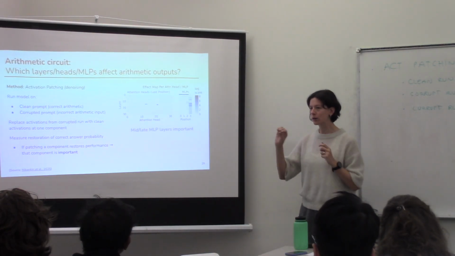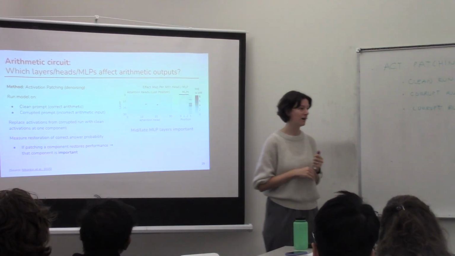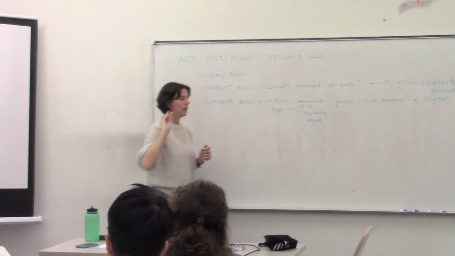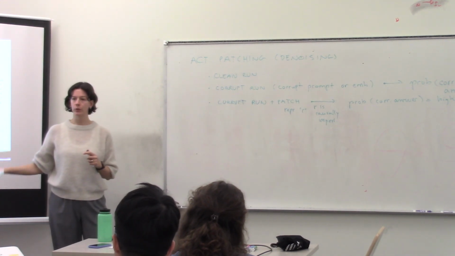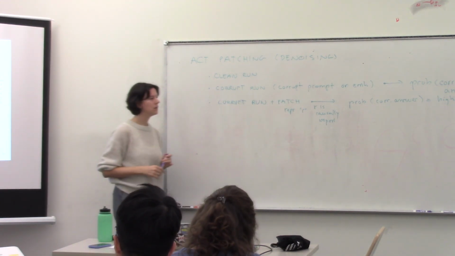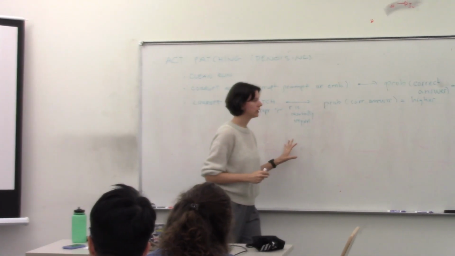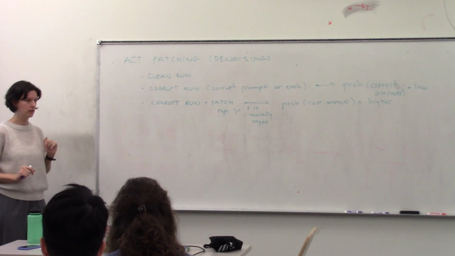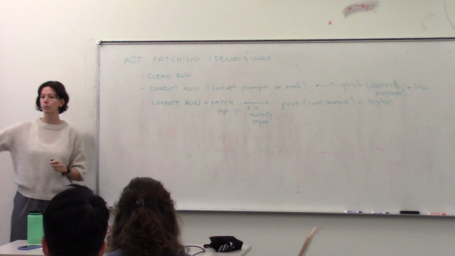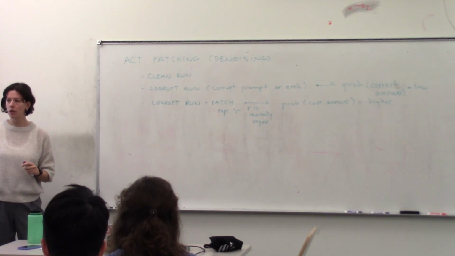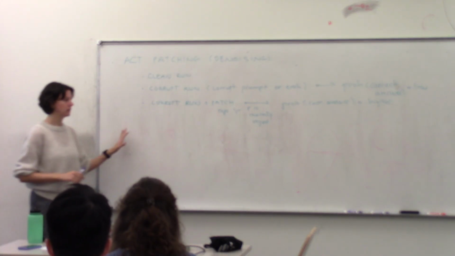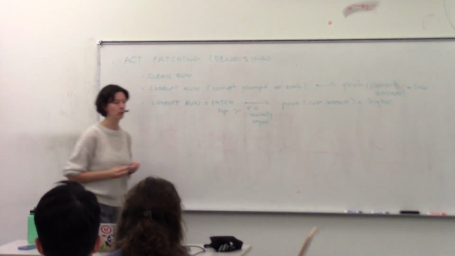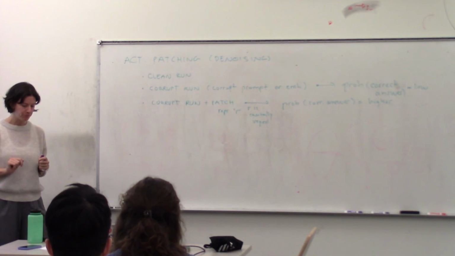I think it's a great paper to read now that you have spent a couple of weeks here learning about these things. However, before we go into the details, I want to talk about another method that is usually associated with activation patching. It won't be directly used in this work, but I think it's better that we cover it at the beginning of today's lesson and then go over this paper.